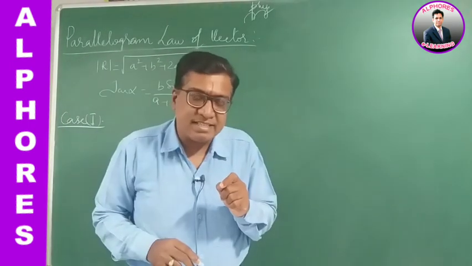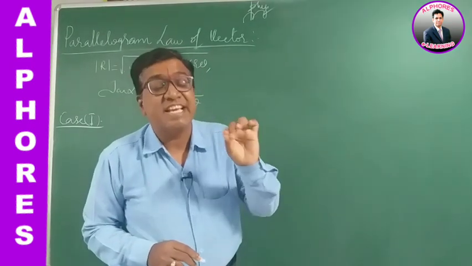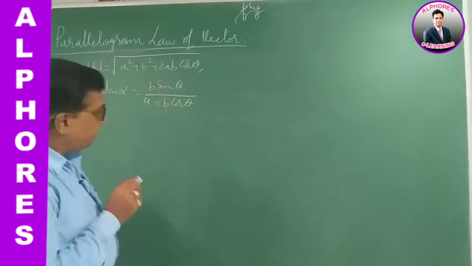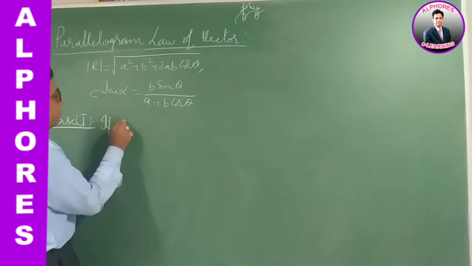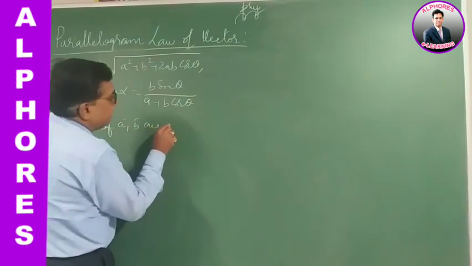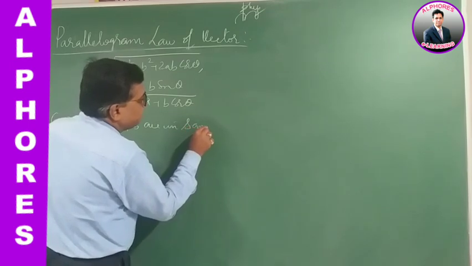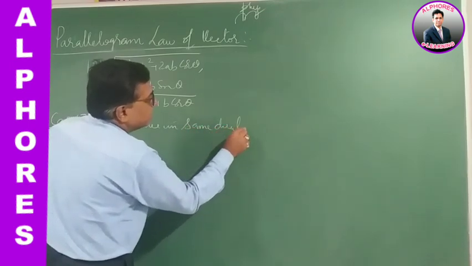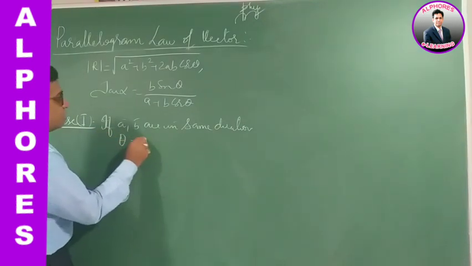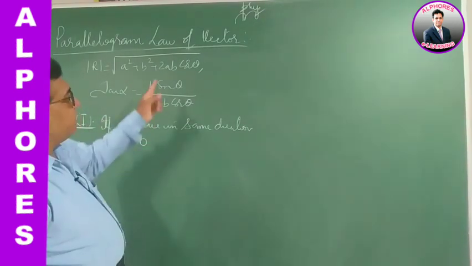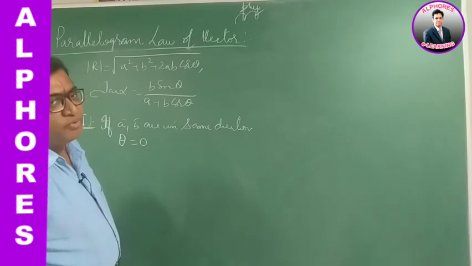What is the resultant if two vectors are in the same direction, parallel? If case 1, A bar and B bar are in the same direction, that is, theta is equal to 0, then how do you find the resultant?